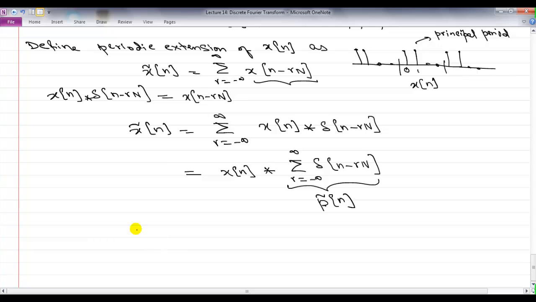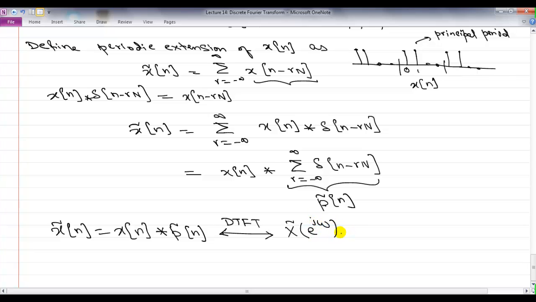Now, I am interested in computing the DTFT of x tilde n. Okay. So I'm given x tilde n equal to the convolution of x of n with another sequence p tilde n, and I want to compute the DTFT, not the discrete Fourier series, but the discrete time Fourier transform, which is X tilde of e to the j omega.